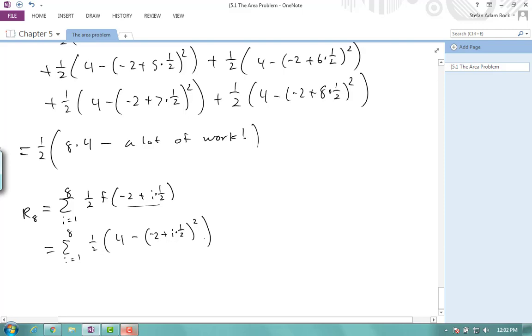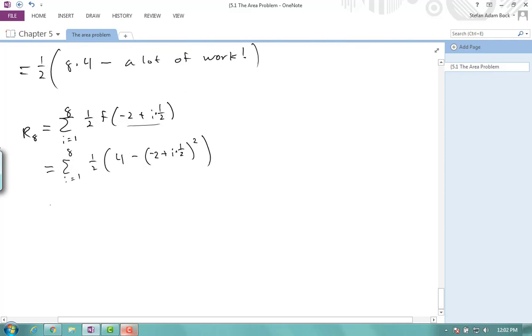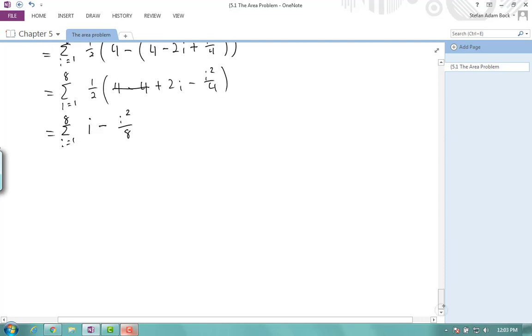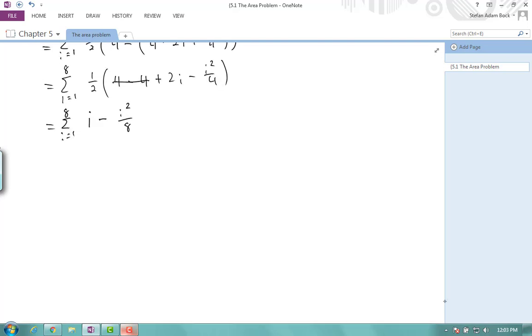And that's essentially what I've got listed out all over the place up there. I'll go ahead and square this out. This leaves me with, if I distribute this 1/2, I minus I squared divided by 8.